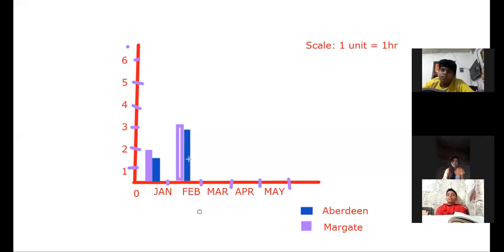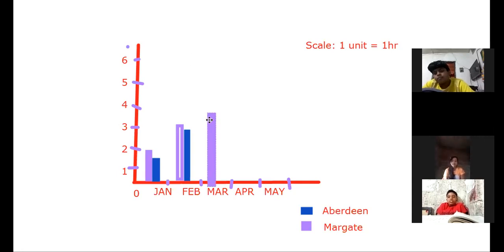Similarly, what about March? What is the average sunshine of the first city? It is 4. So we can represent it according to the value of 4. We can draw a bar here. And what about our second city?